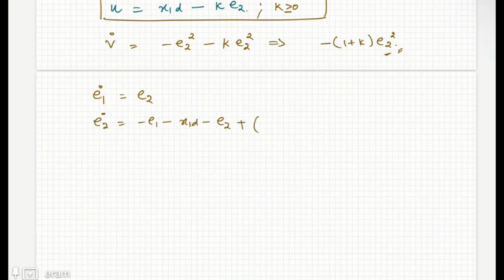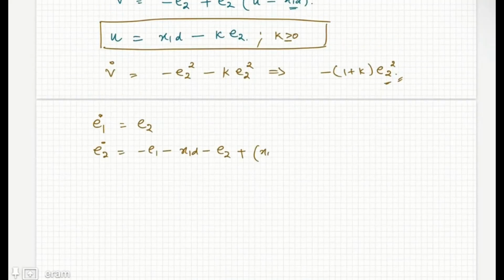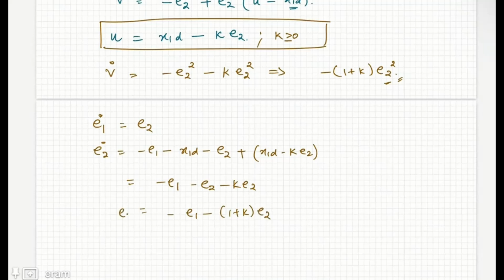So u is our x1d minus k e2. So it is minus e1 minus e2 minus k e2. That means it is minus e1 minus (1 plus k) times e2. So this is our e2 dot.